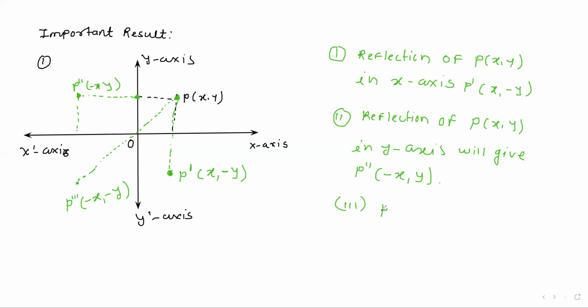So P is changed along the origin into P triple dash, and its coordinates will be minus x, minus y. So these are the basic three important results regarding reflection.